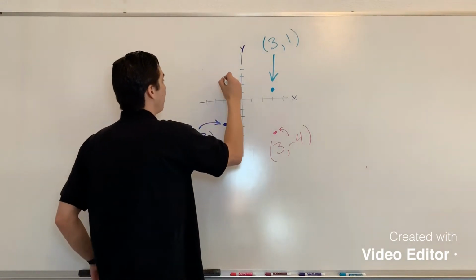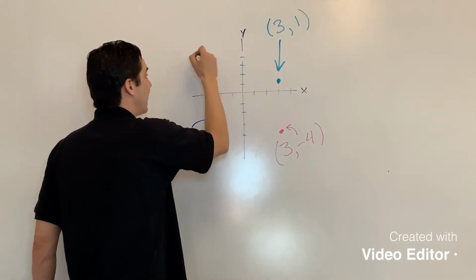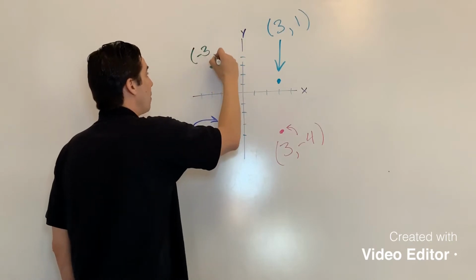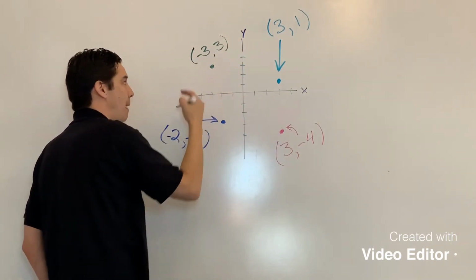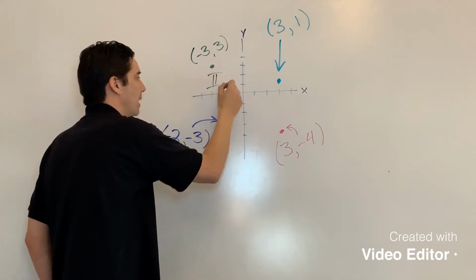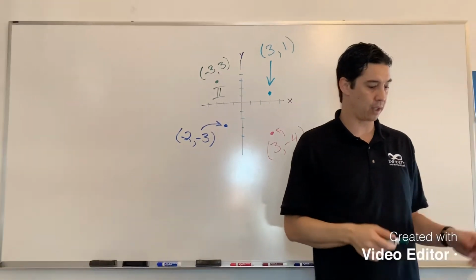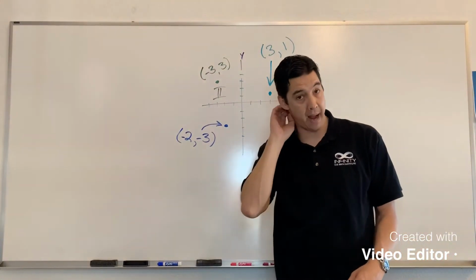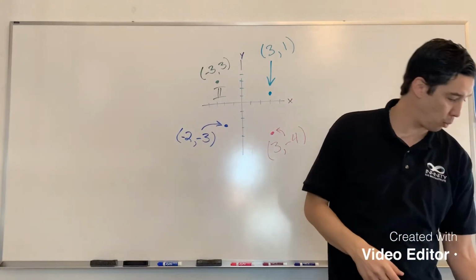If I had a point right here, I should see that it's left 3, which gives me a negative 3, and up 3, which is a positive 3. X, Y. Left, up, quadrant 2, and so on. And that's as easy as it is. All right, so I've included a couple of problems for you to not only graph the ordered pairs, but to determine what the ordered pair of a given point would be.